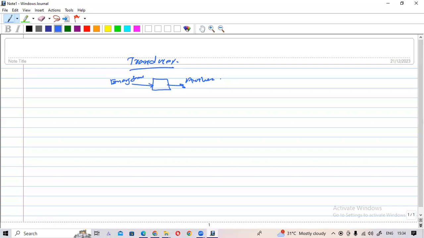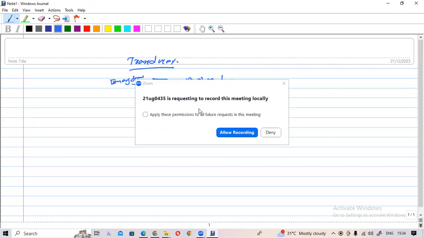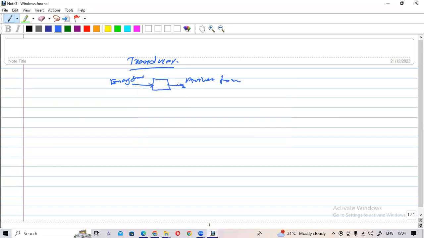So that is normally a transducer. We are mainly talking about electrical transducers, electronic transducers, where we convert something into electrical energy, an electrical signal.